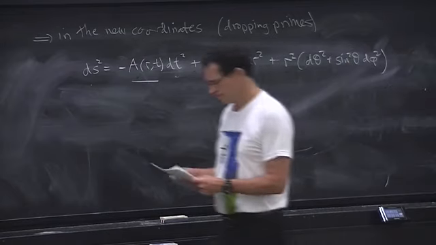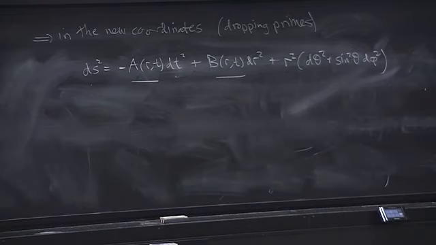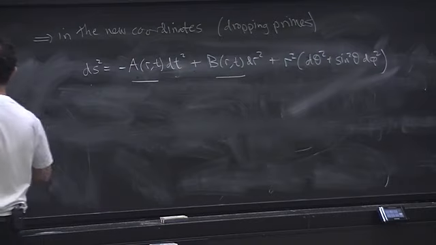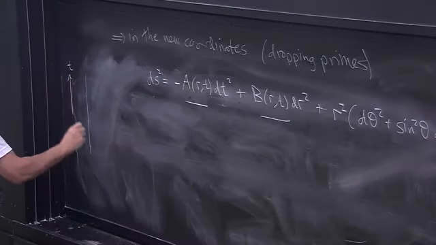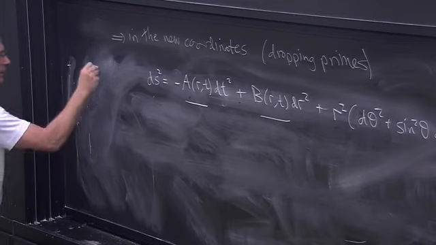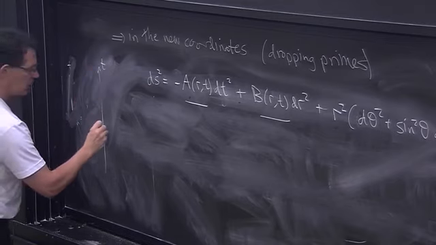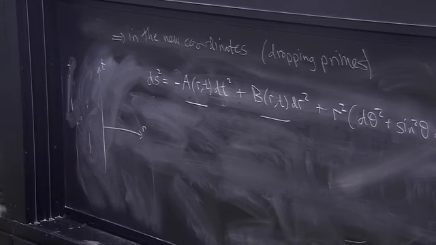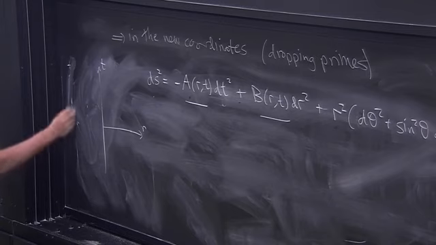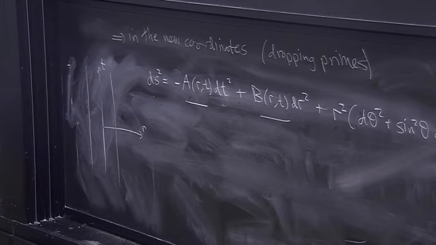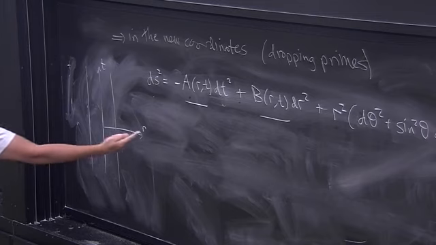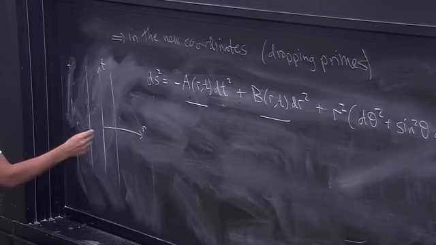So in these coordinates, if you think about what the object looks like, basically, if one coordinate is t and the other one is, maybe I'll draw it like this. Here's t, here's r. R is this radial coordinate. And what the metric looks like is that it's symmetric under rotations. So this is r equals 0. The metric is cylindrical. Okay, so I can rotate it outside in the other directions, in the theta and phi directions.